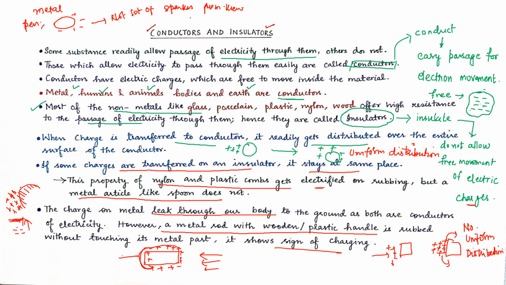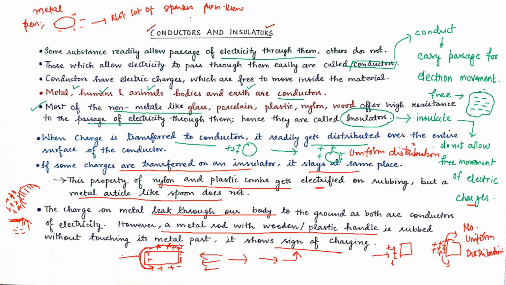Slowly, as the surface accumulates the charges, more charges will keep coming, and at a point this metallic rod which is insulated at one side will show signs of charging.